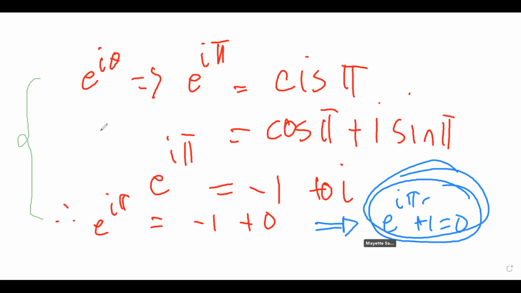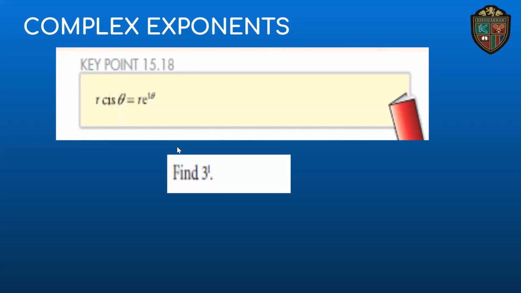Now, let me go back to the slides here. So r cis theta is equal to r e^(i theta).